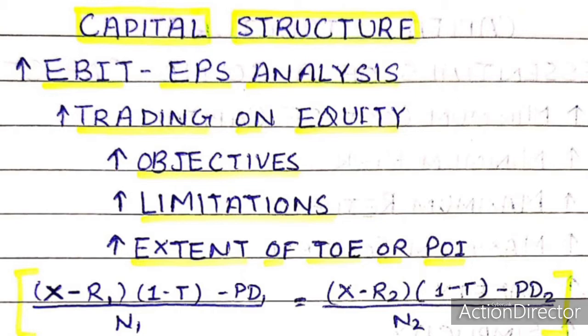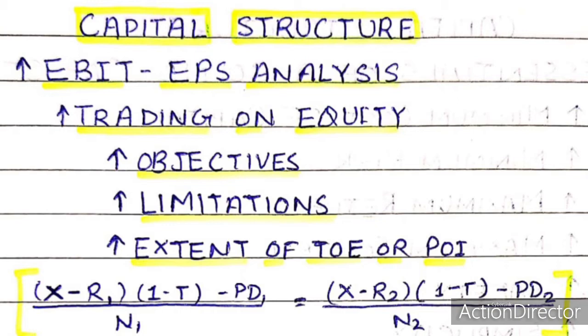Generally, the use of debt finance increases the earnings per share as debt is a cheaper source of finance than equity. This is because interest on debt is allowed as an expense for tax purposes while dividend is an appropriation of profits.